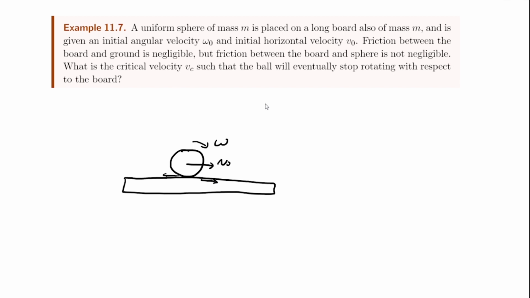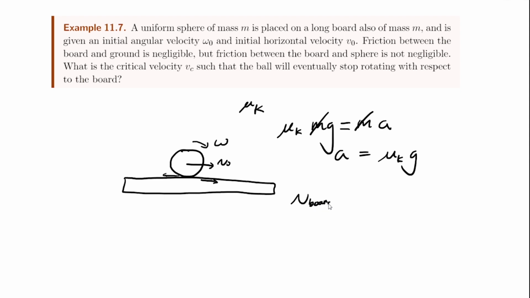Say the coefficient of kinetic friction is mu sub k, and we can write mu sub k mg is equal to, this is the board this time, the mass of the board times A. Since it's the same mass, it's easy, and it gives us A is equal to mu sub k g. So at time t, v board of t is equal to mu sub k g t.